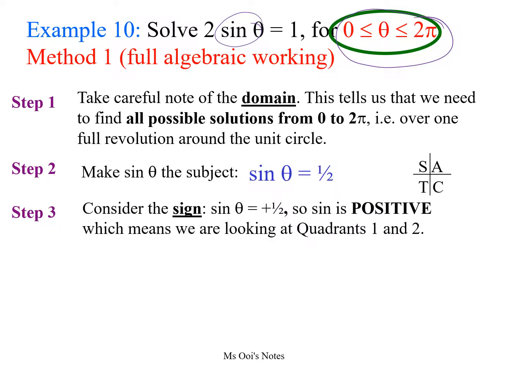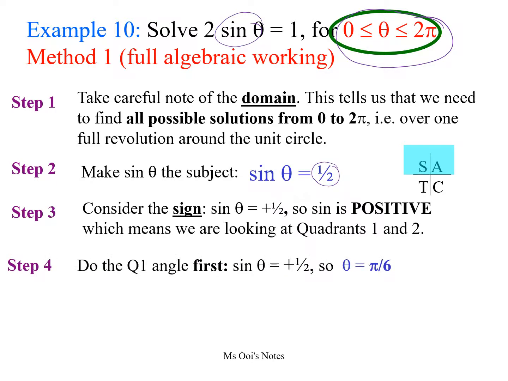Step number 3, consider the sign. So take into consideration the sign given. So sign is positive, which means that we're looking at the first quadrant. So in this case, sine theta equal to half. That means that we're looking at quadrant 1 and quadrant 2, of course.